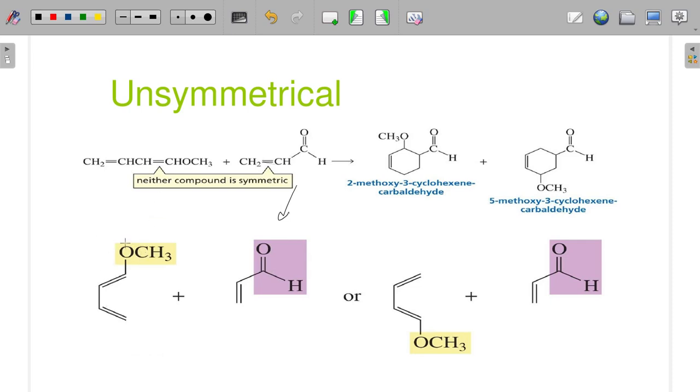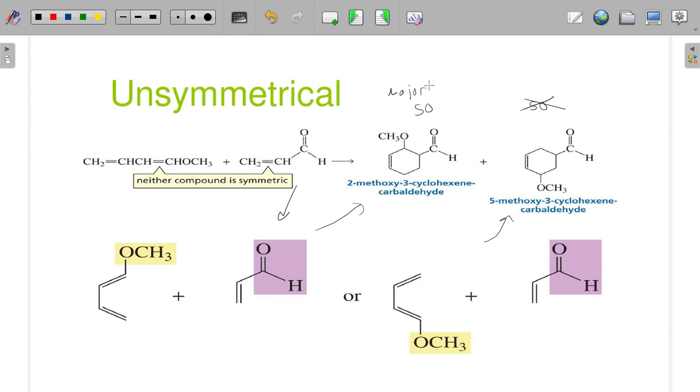All we're going to do is visualize flipping the diene upside down, but leaving the dienophile right side up. You can see that these two could react to form this one, and these two could react to go that way. It seems like it shouldn't make a difference how it's oriented, so you might even expect this to be about a 50-50 ratio. Well, it turns out it's not. This is definitely the major.